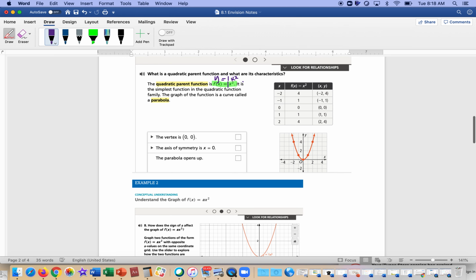Okay, so when we look at this and we see a is 1, we know that we're not going to say it's narrower or wider than the parent. We know that when there's just y equals ax squared, a is 1 if you don't see a number before x squared. So this is some number, right?